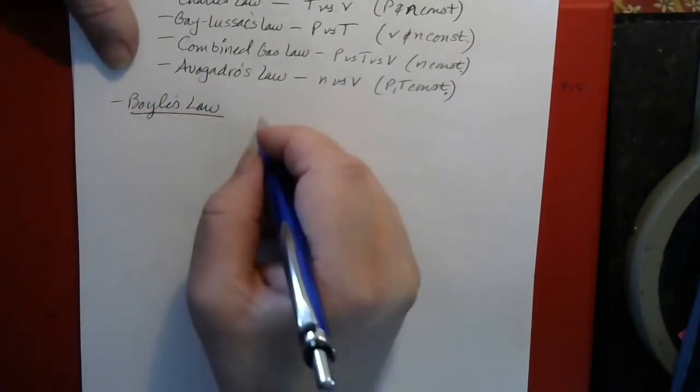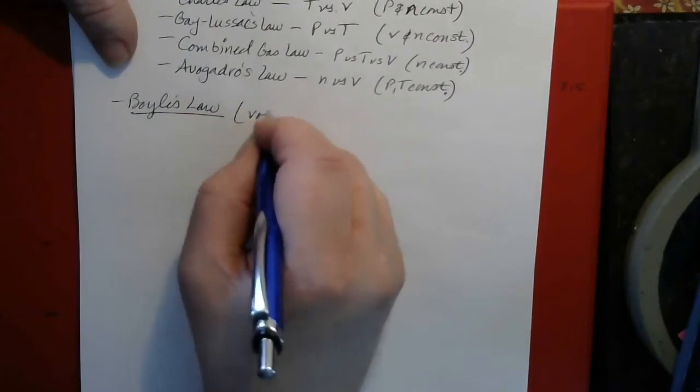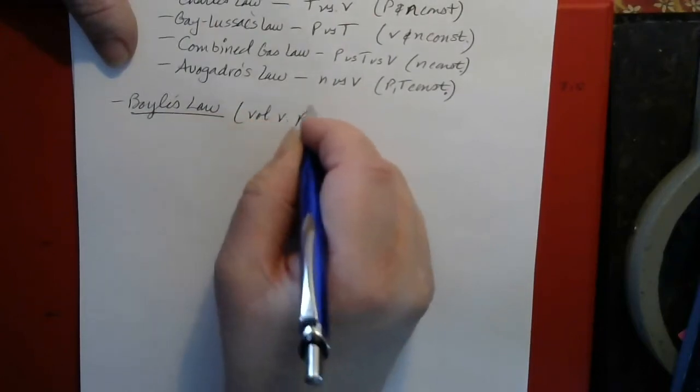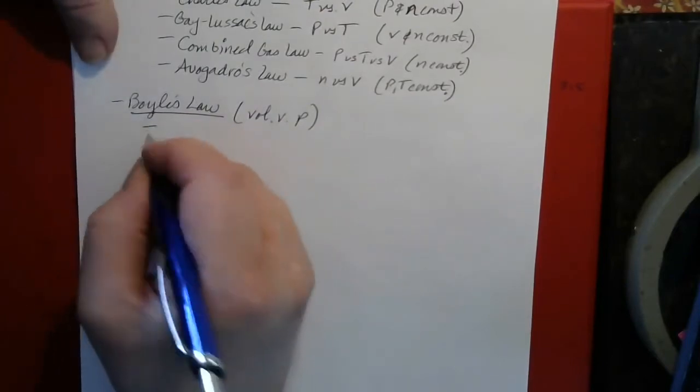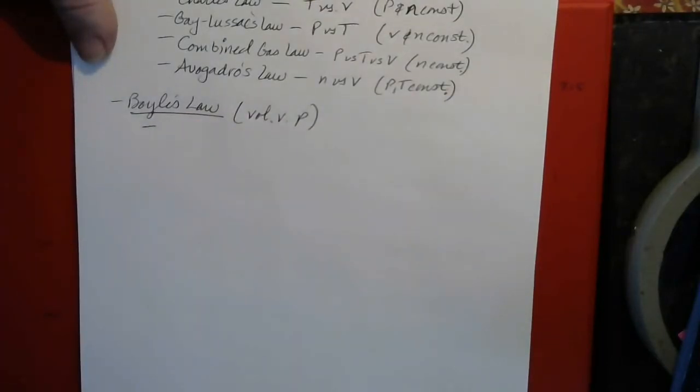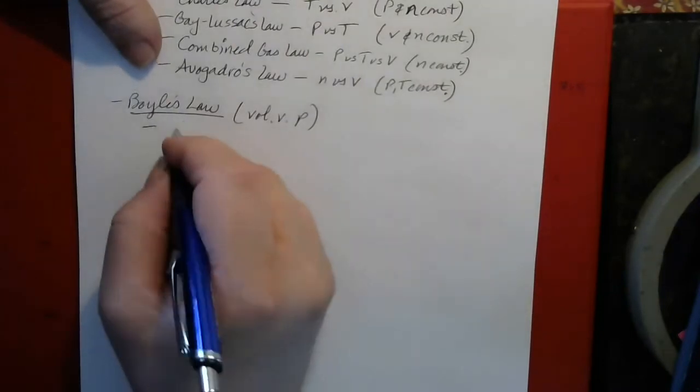So, Boyle's law in detail. That's volume versus pressure. And Boyle started out a little over 300 years ago, trying to determine how the volume of a sample of gas changes if its pressure changes, or vice versa, if all the other properties are held constant.